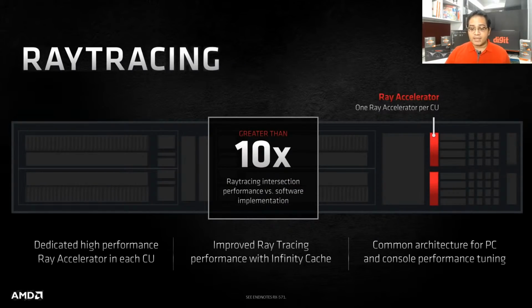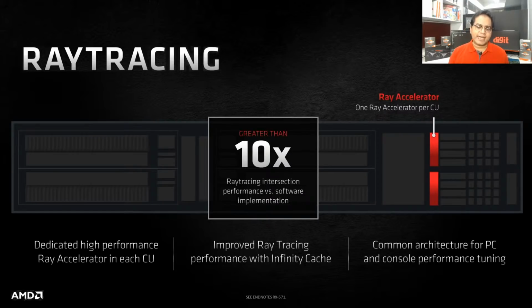Speaking of ray tracing, let's take a closer look at the ray tracing implementation. With RDNA 2 graphics cards, we've already mentioned that these are put together using logical segmentations called compute units. Now, each compute unit within the GPU has something called a ray accelerator.